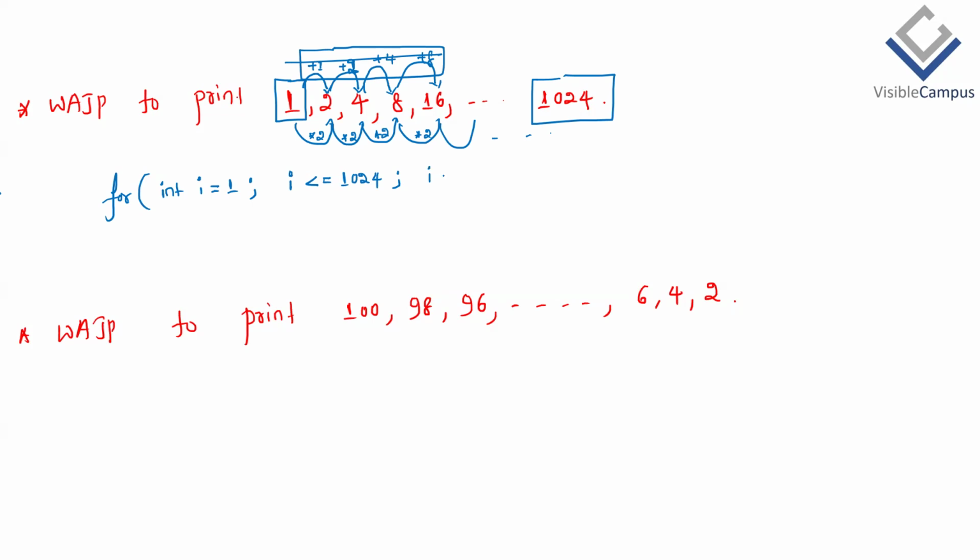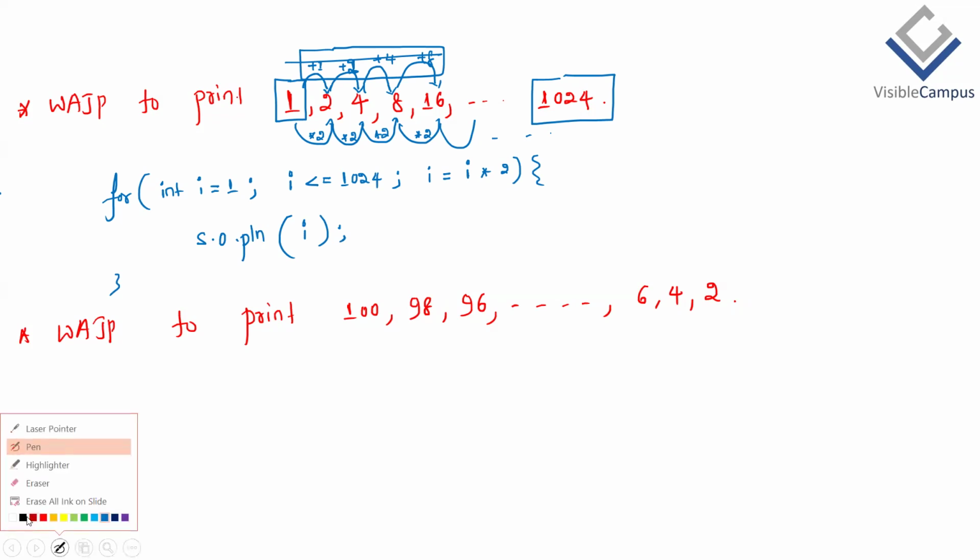Incrementation can be done with addition or multiplication, as we just discussed. Then the loop body, what is it supposed to do? System.out.println, print the i value. That's it. Understood? Correct? Did you write correctly or did you make any mistakes?